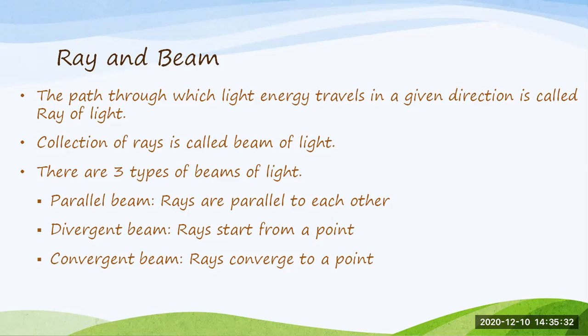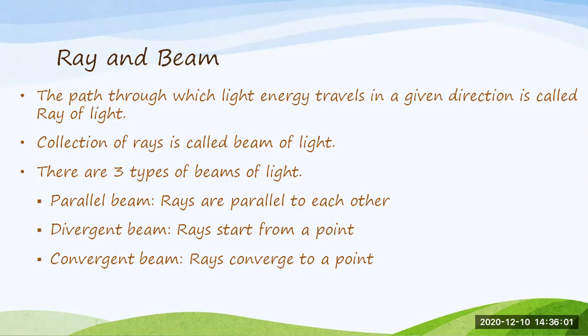There are three types of beam of light according to whether they are parallel to each other, or they start from a point or they end at a point. So the rays that are parallel to each other, when such rays come together, they are called parallel beam of light.